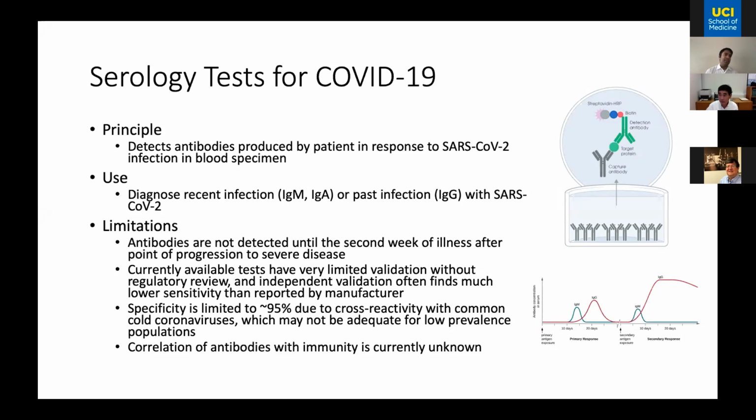So even a 95% specificity is problematic in a low prevalence setting. It may be okay for a place like New York, which has higher disease prevalence, but it's a limitation.